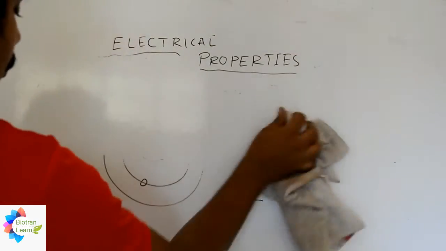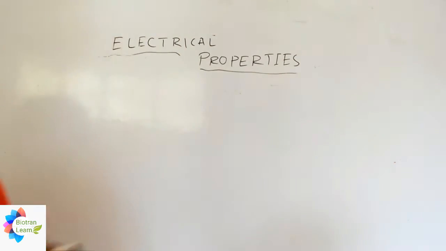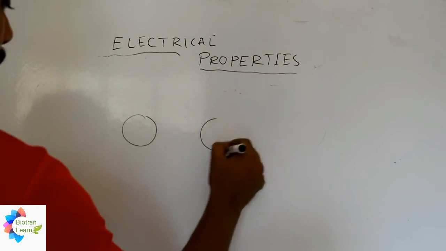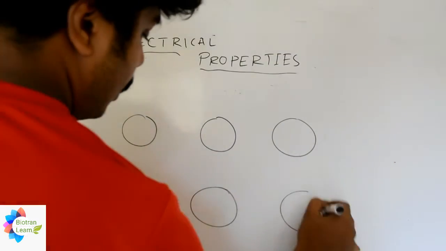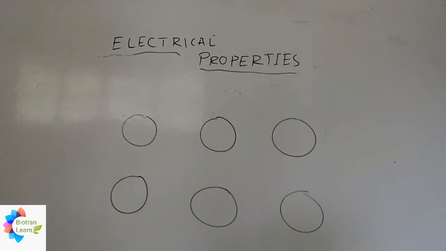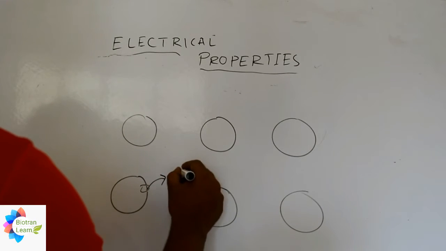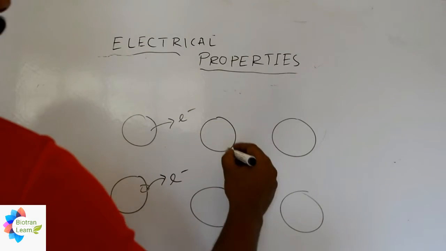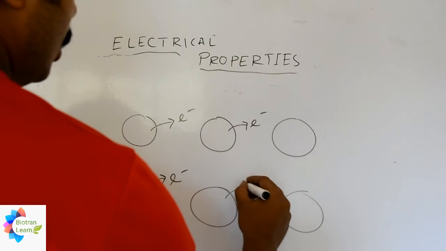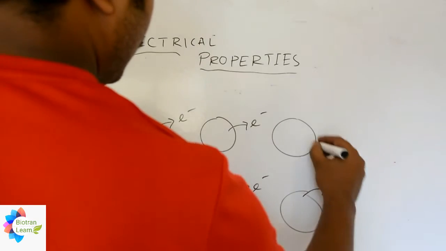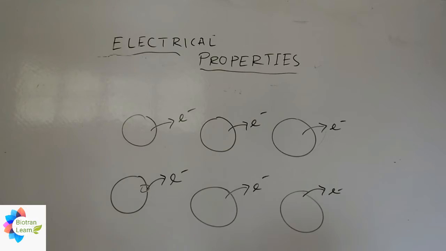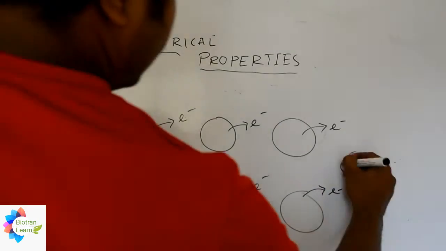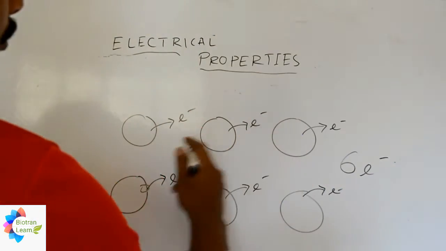How? Suppose in this case there are 6 different atoms arranged. Now if this one loses one electron, this one loses one electron, this one, this one, this one and this one, all of these lose one electron, then it will produce 6 electrons in these regions.